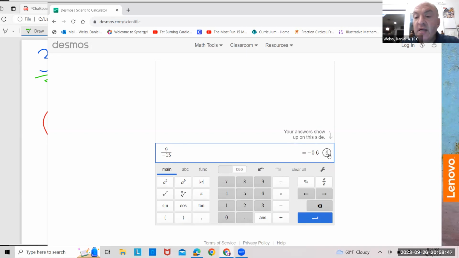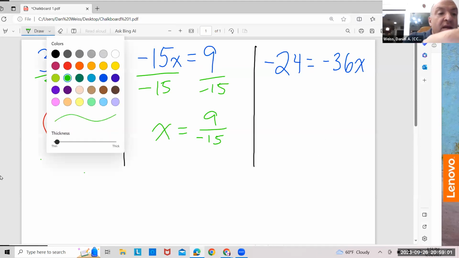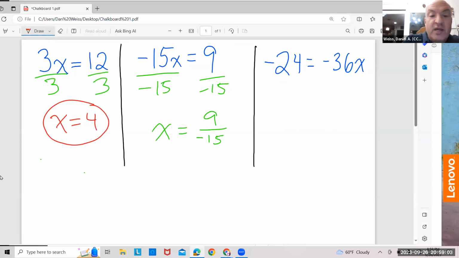Don't do that. Click on this convert to fraction button and watch what happens. You get negative 3/5. That's going to be your answer. Negative 3 over 5. And that is what you will put into your Delta Math.